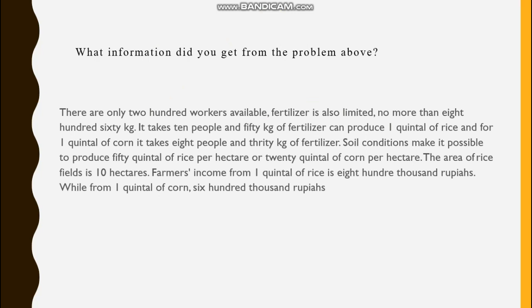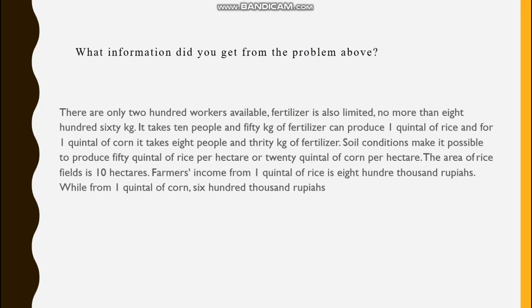What information did you get from the problem above? There are only 200 workers available. Fertilizer is also a limit, no more than 860 kg. It takes 10 people and 50 kg of fertilizer to produce 1 quintal of rice, and for 1 quintal of corn, it takes 8 people and 30 kg of fertilizer.